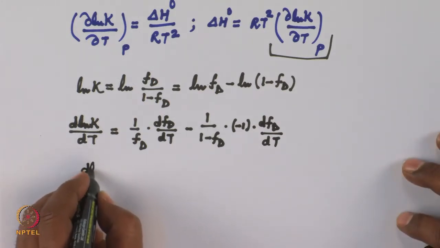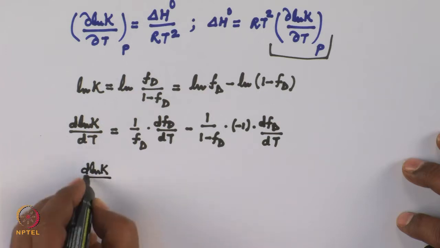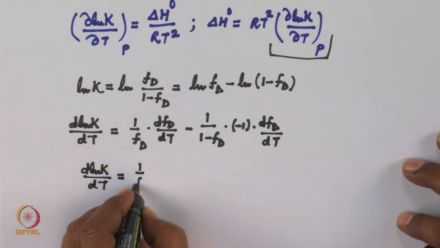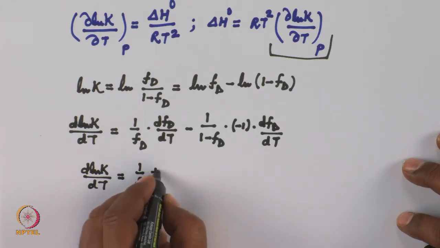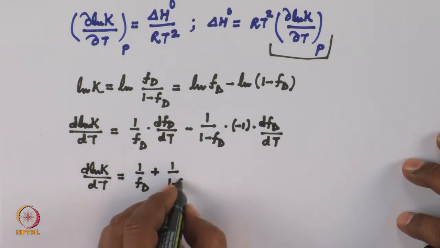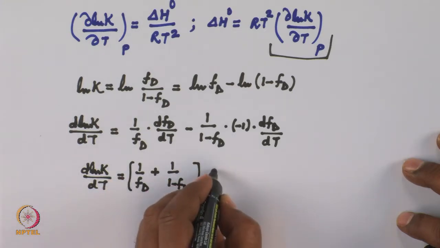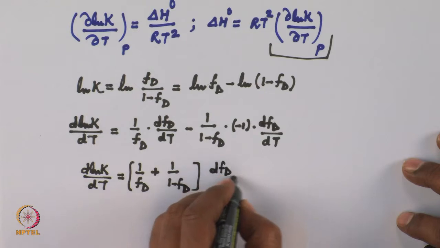So, I have d log K by dT is equal to (1 over Fd plus 1 over 1 minus Fd) dFd by dT.